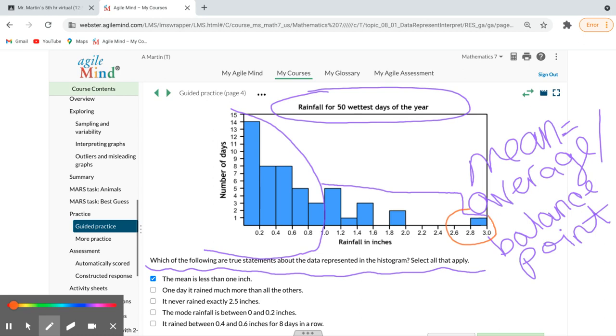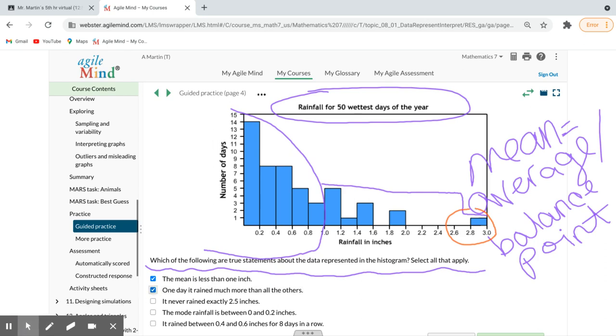So if we look right here, we should be able to tell our answer, Akira. It is true because one day it rained almost 3 inches. All the other days were 2 inches or less, right? So isn't 3 inches a lot more than 2 or less? Yes. So that works.